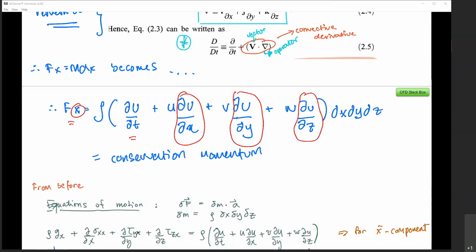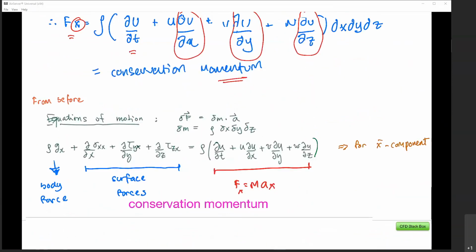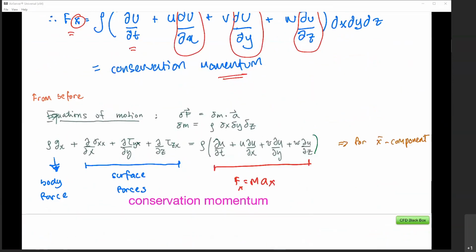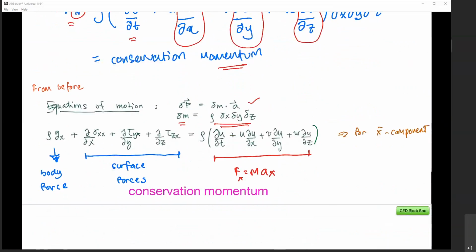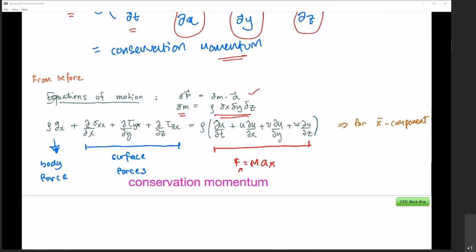So for the conservation of momentum, if we substitute everything that we have from before, we have dF equals dm multiplied by a, the acceleration, and we have dm given by the following notation. The full equation of motion can be written as follows.